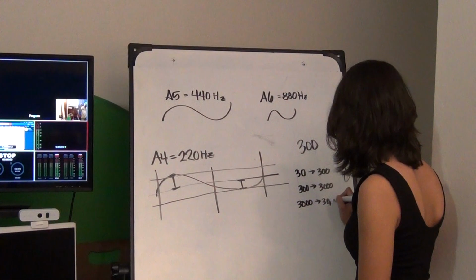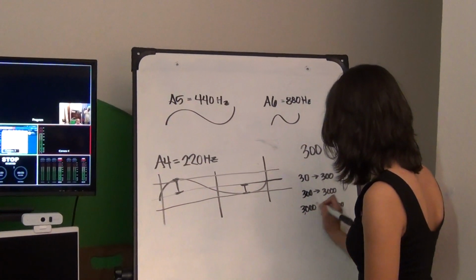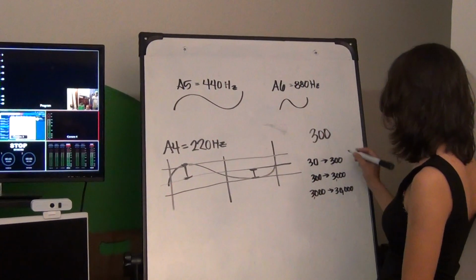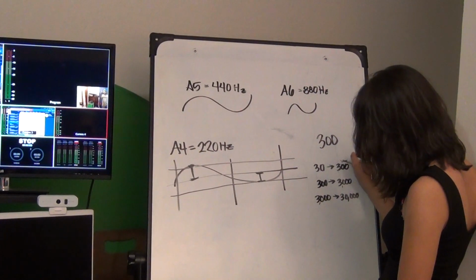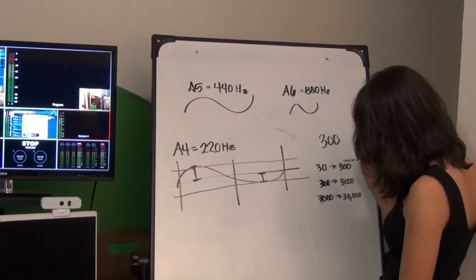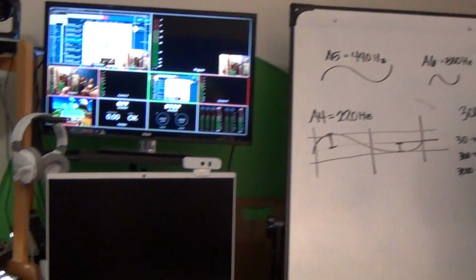Speed of light is 300, okay? So in the equation, you're going to use 300, but you're going to have the units behind it. So it's 300 then meters per second, but 300 what?